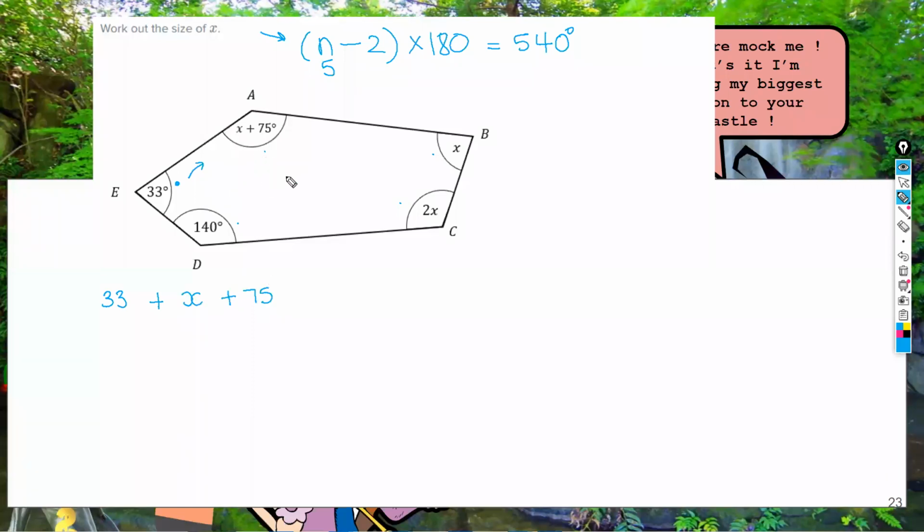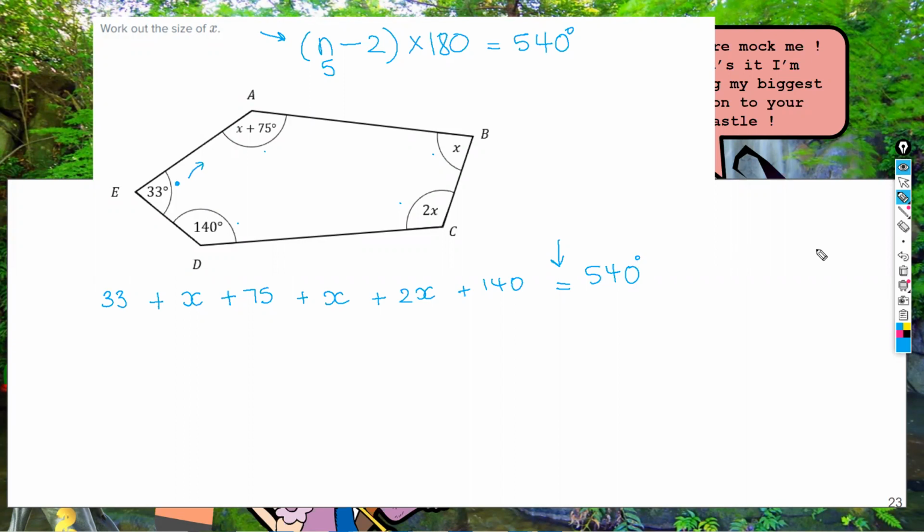That's this guy here. Who do we have to add now? X. Add 2X. And then add 140. If we add up the 5 angles, we're supposed to get 540 degrees.